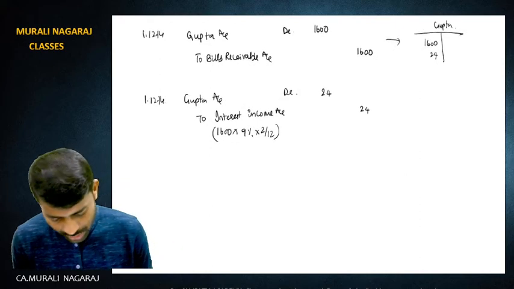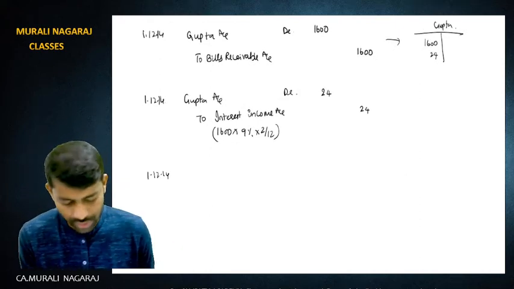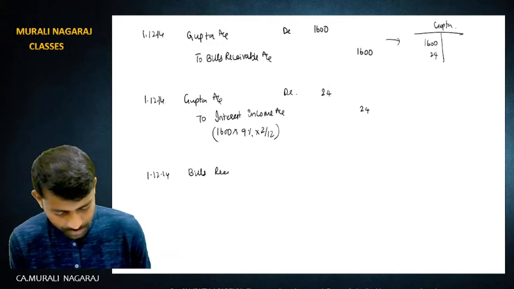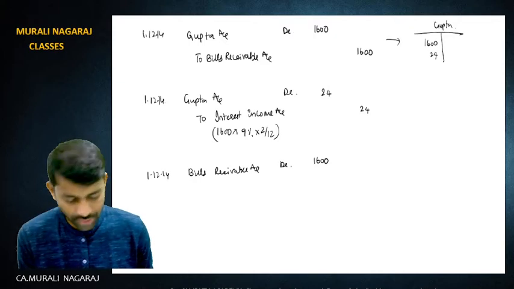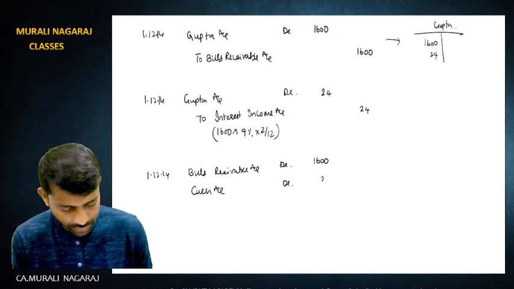So on the same day, 1/12/14, we are going to give a new bill. Again, bills receivable account debit, 1600. For this 24 rupees interest we are receiving in cash, cash account debit 24 rupees, to Gupta account 1624.